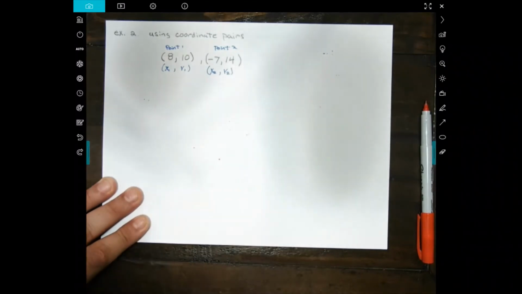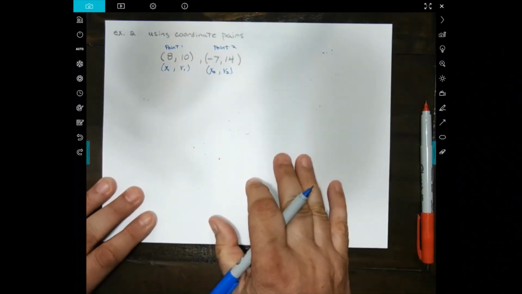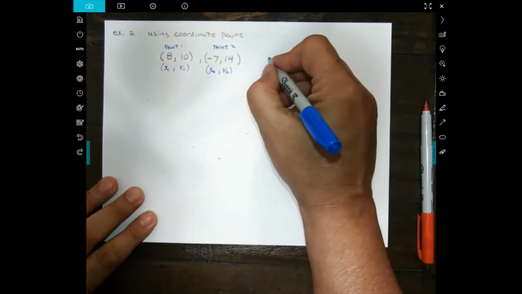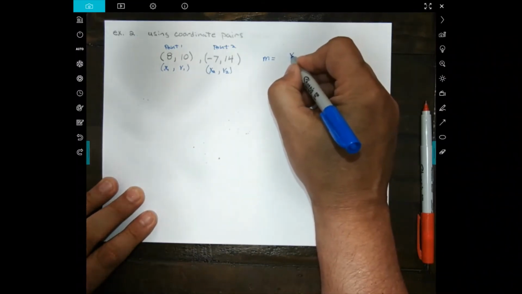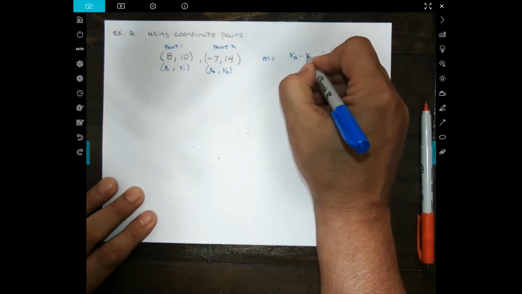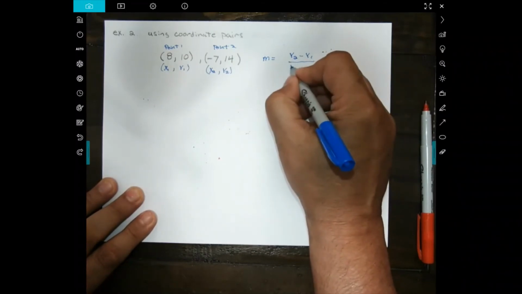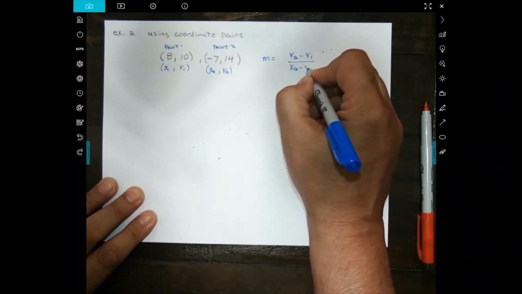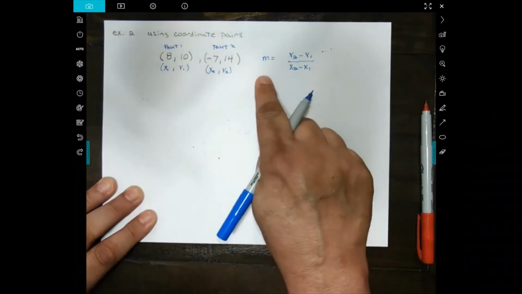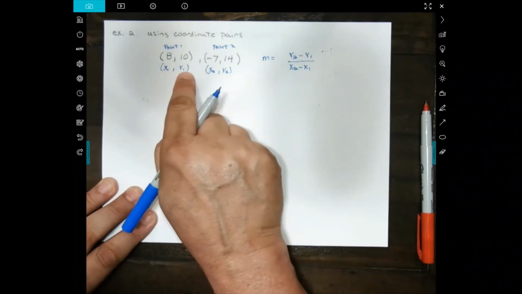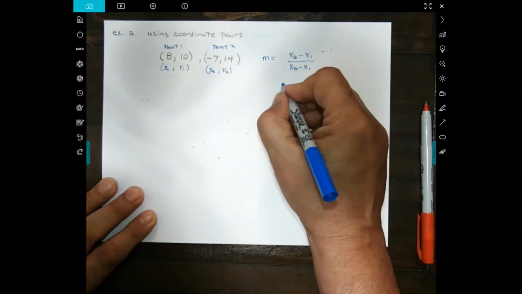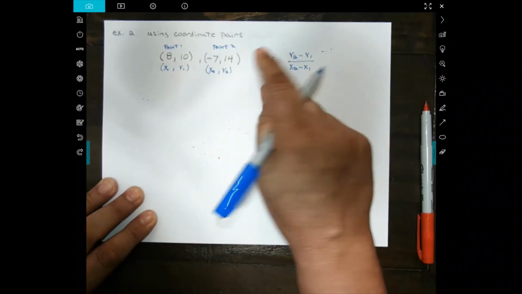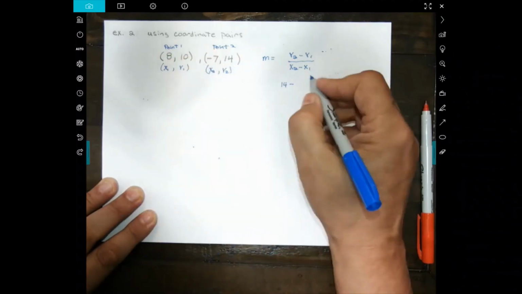Okay. Now I need to find the slope, so I'm going to use my slope formula. Slope, y2 minus y1 over x2 minus x1. Okay. So here's my x1, my y1, my x2, and y2. So y2 is 14 minus y1 is 10.